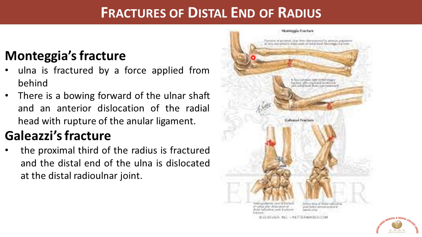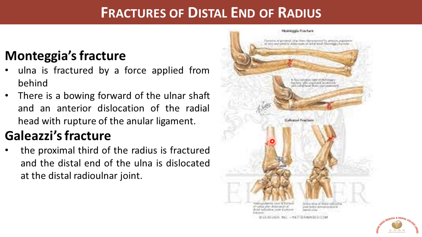Because there is a rupture of the annular ligament as well. Here you can see whenever there is a fracture of ulna, the force is applied from behind. There is a forward bowing of the ulnar shaft and anterior dislocation of radial head with the rupture of annular ligament. This is termed Monteggia's fracture. Both of the two figures are of Monteggia's fracture.